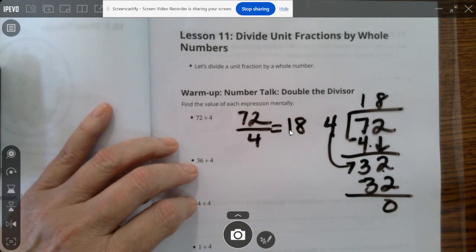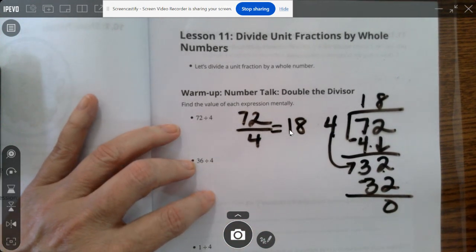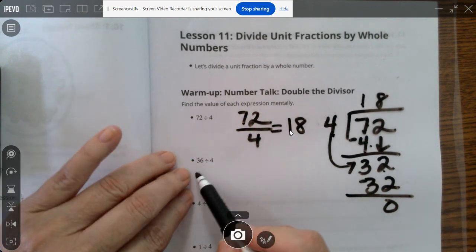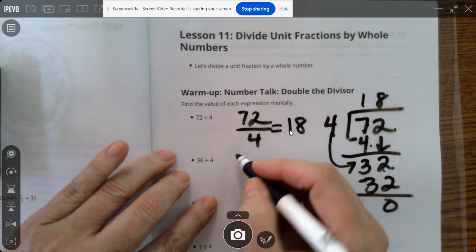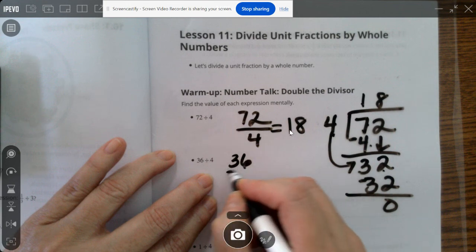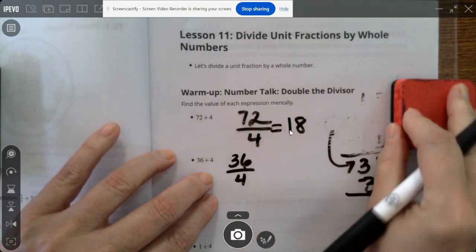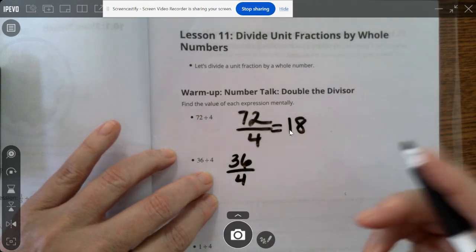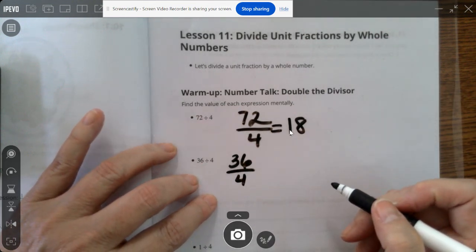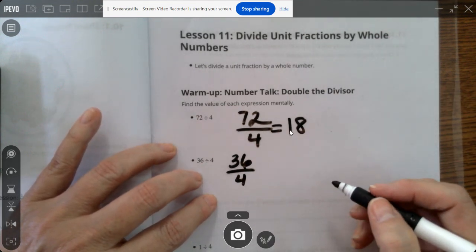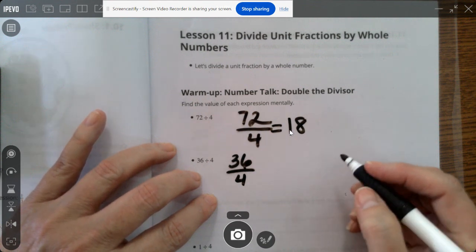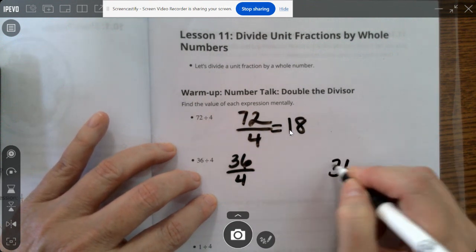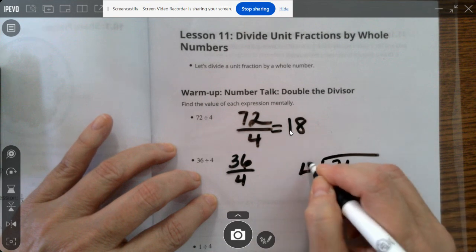We're going to try another one as well on this page. So 36 divided by 4 is the same thing as saying 36 fourths. I'm going to erase this work. And I'm going to do it with the forgiving method first. So I'm going to put 36 divided by 4.